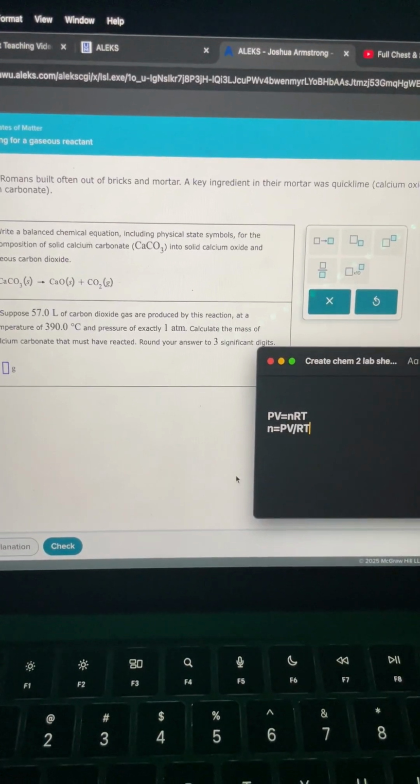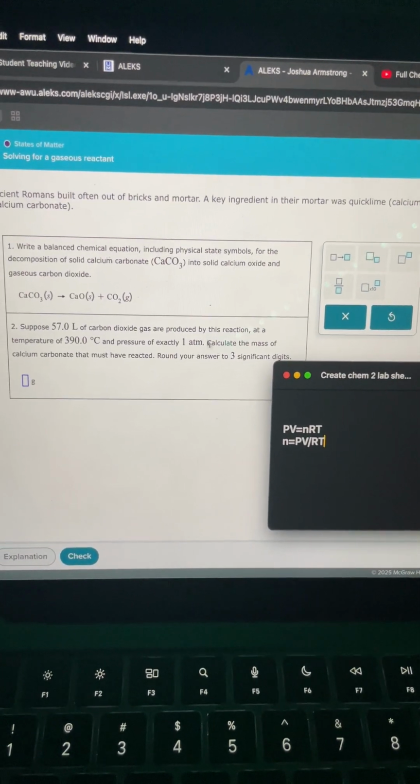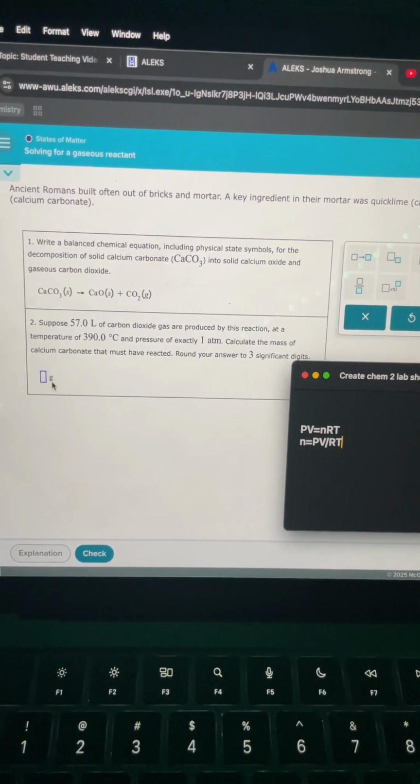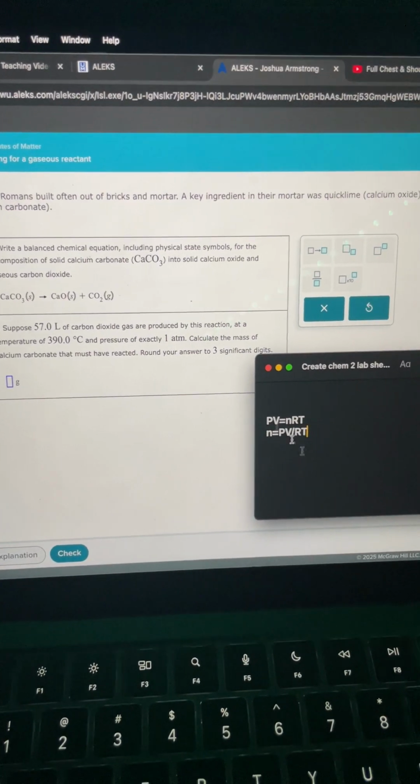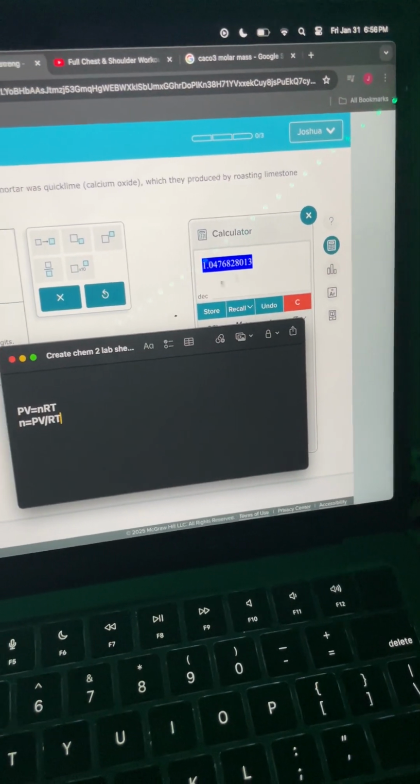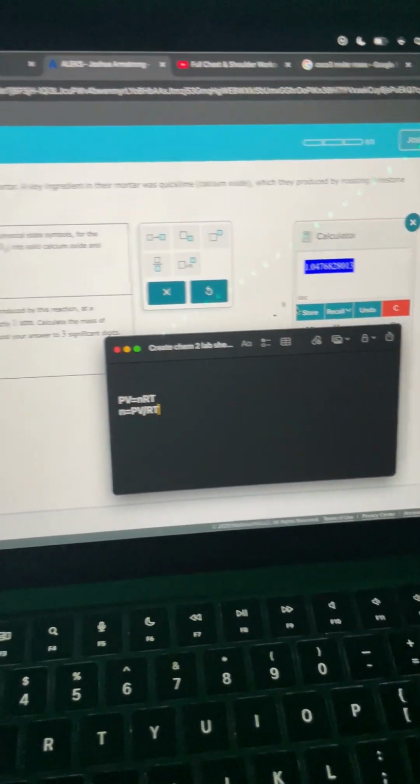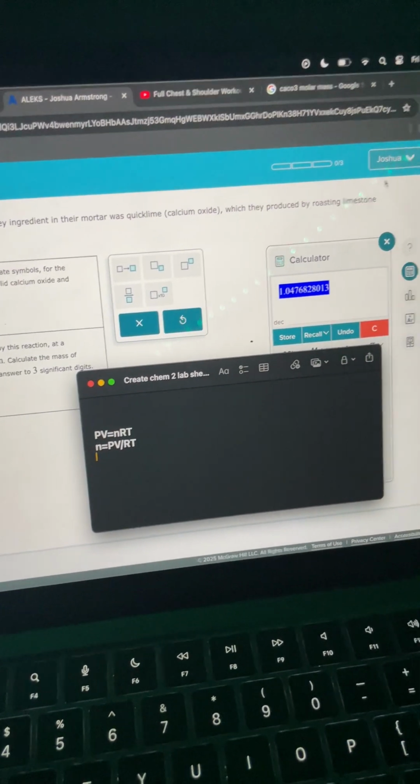So now that you have that, what it's wanting is the mass of it, in grams, and we already know the moles of it, so we have to convert this mole to grams, right? So to do this, we got to figure out what the molar mass is.